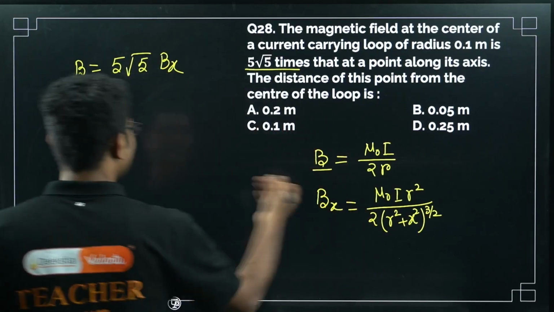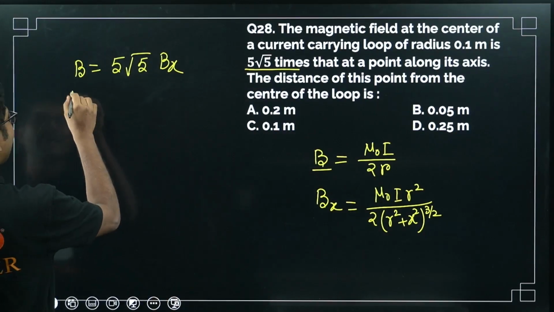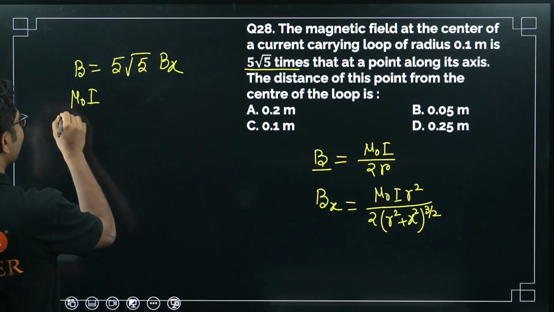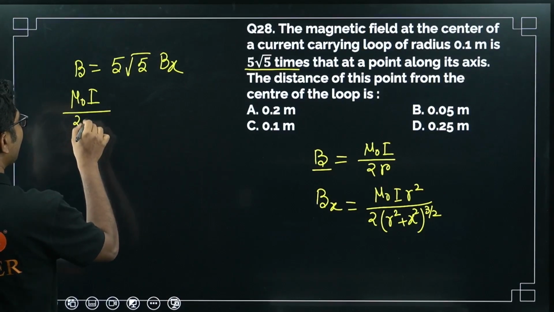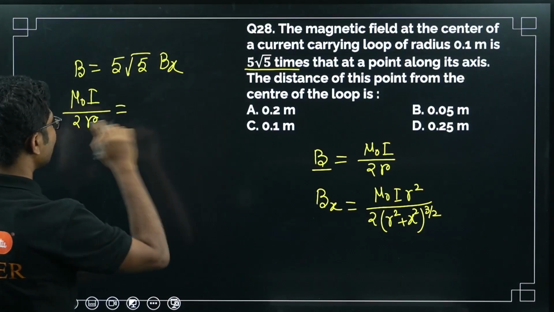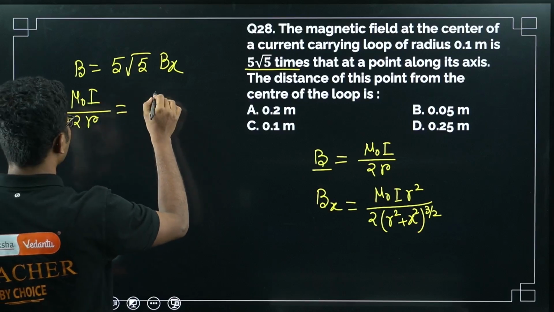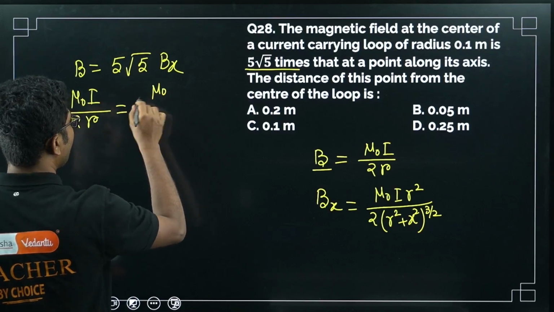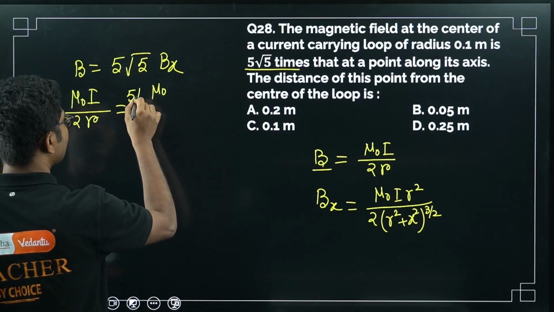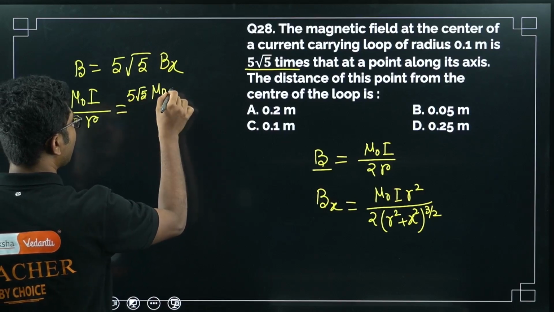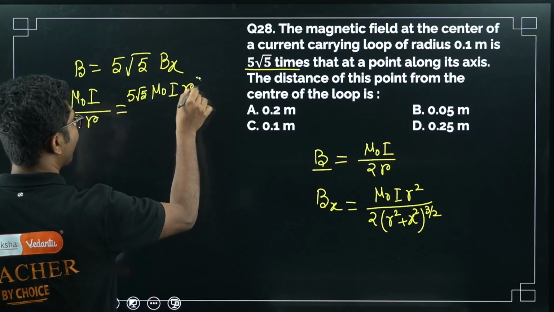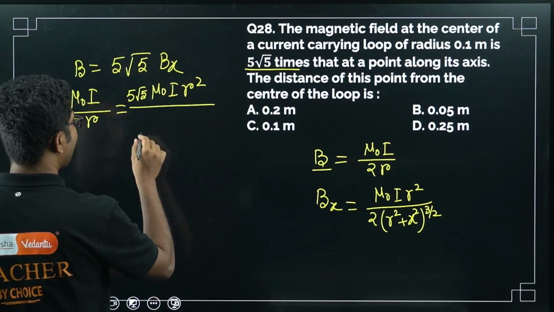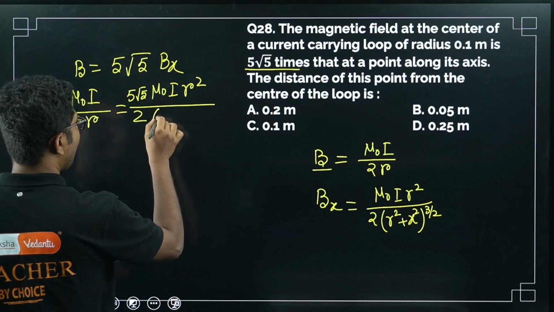So now let's put these values and try to cancel as many values as possible. So mu naught I by 2r equals 5√5 times mu naught I r square divided by 2 times r square plus x square to the power 3 by 2.